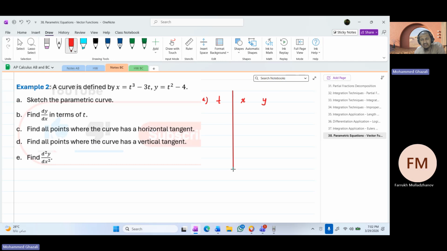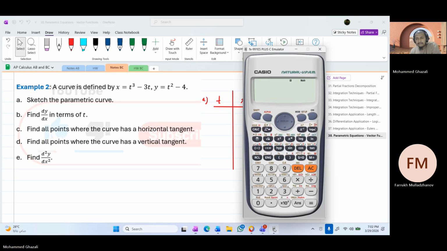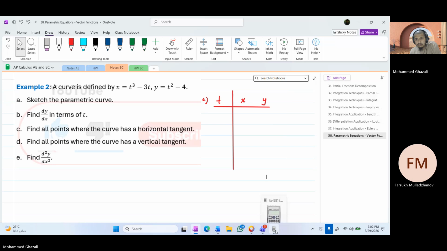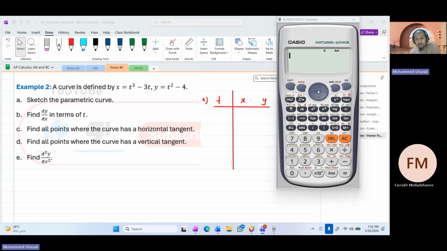Now the question is, can I do this on the calculator? Of course you can do this on the calculator. You can just call it f of x, g of x, starting value, ending value. So I would actually do it like this.